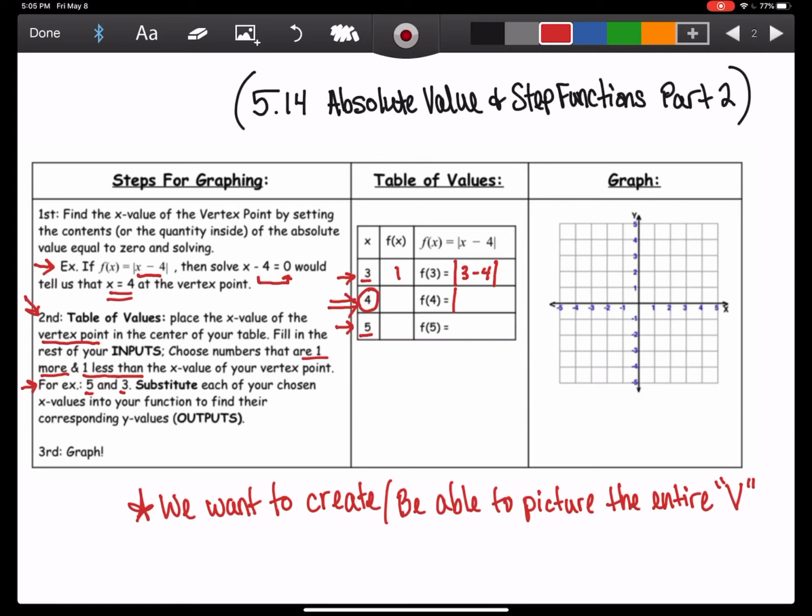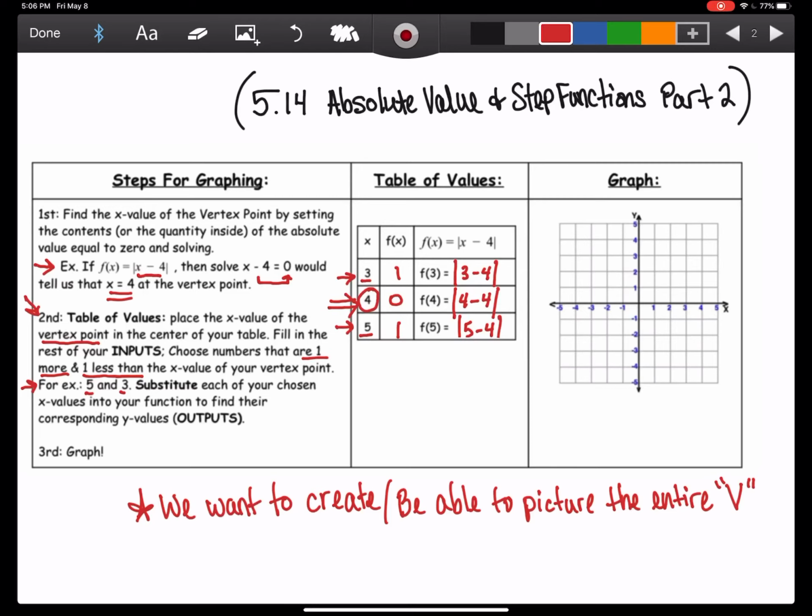Okay, let's do the next one. f of 4 is equal to the absolute value of 4 minus 4. That's the absolute value of 0. What's the absolute value of 0? That's 0. Last one, f of 5 is the absolute value of 5 minus 4. That's the absolute value of 1, which is 1. Notice the pattern that you see.